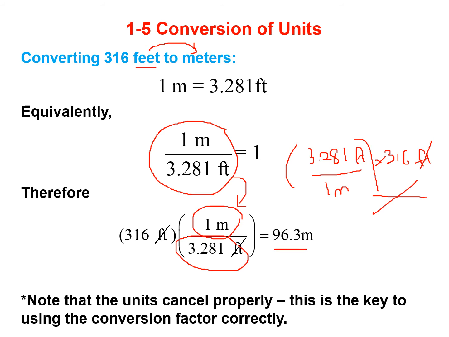And the last part, the final answer is 316 times 1 meter over 3.281. That will give you 96.3 meters.